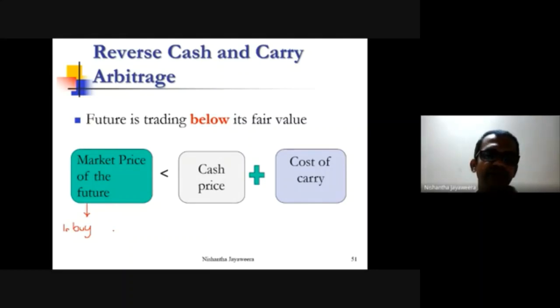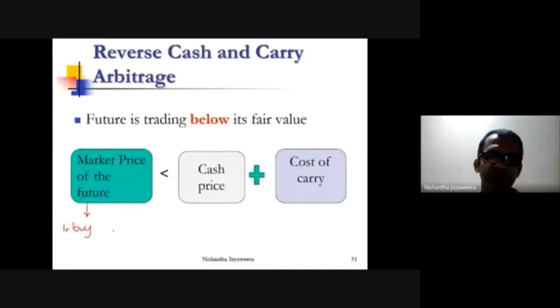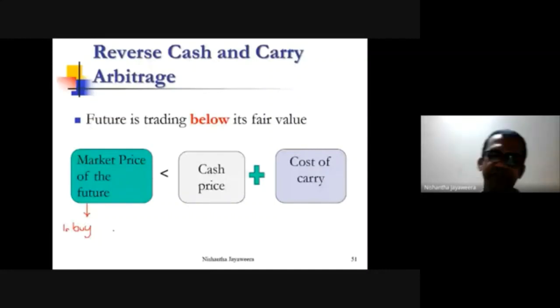So to hedge that position, the obligation to deliver the asset, how do you do that?